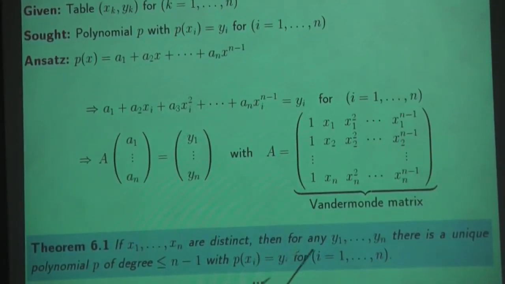Then for any vector y1 through yn, there is a unique polynomial p of degree less than or equal to n minus 1 with p of xi equal yi. I mean, this is our requirement, that it has to hit all the points. What's maybe interesting is that the polynomial p is of degree less than or equal to n minus 1.